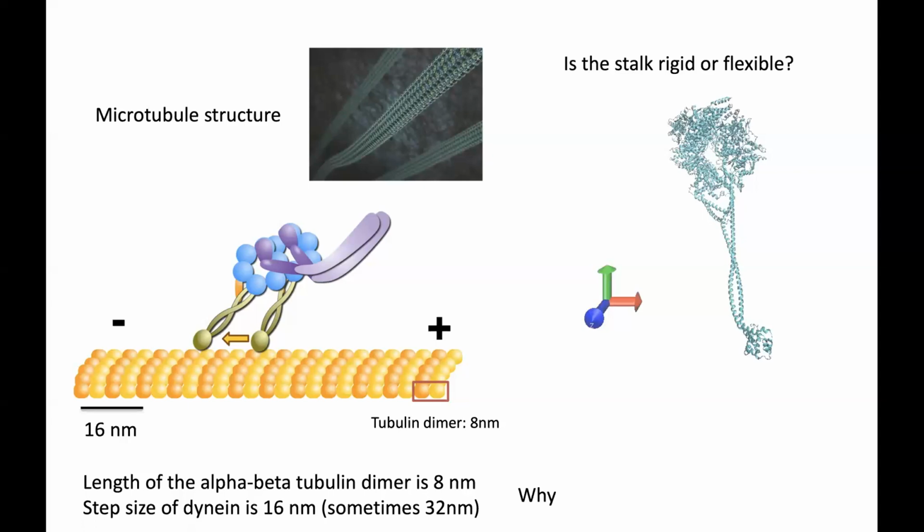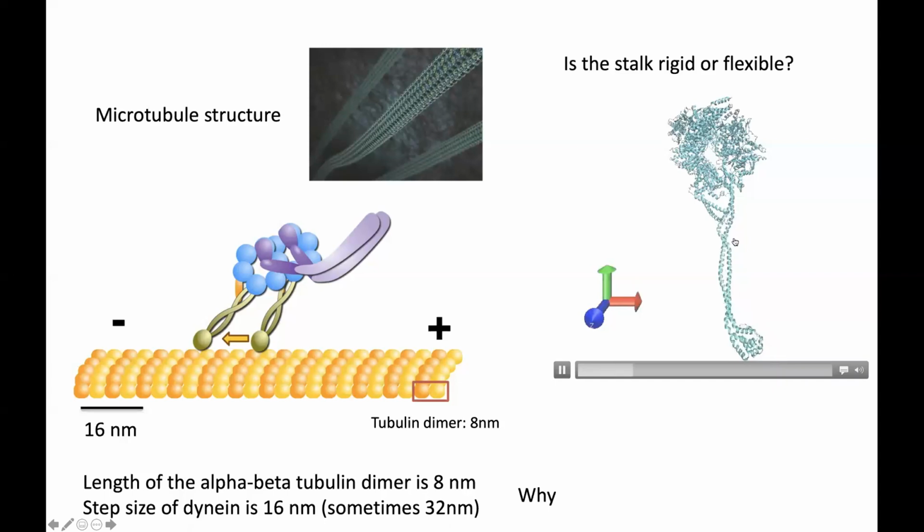The idea is we want to test if the hypothesis is true. One thing we can do is first run an MD simulation. Let's see if the stalk is rigid. If you run a simulation, you will see the stalk is not rigid.